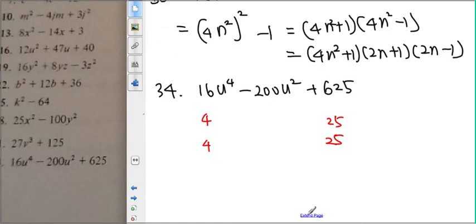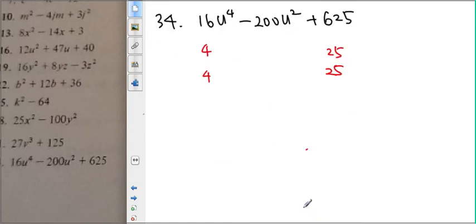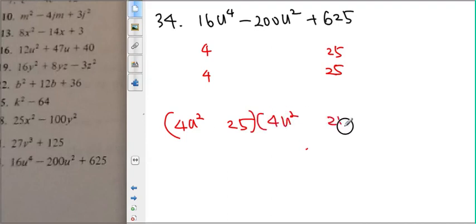Then this question now becomes 4u squared minus 25 and 4u squared minus 25, since the middle term is negative and the last term is positive, so we end up getting negative and negative.